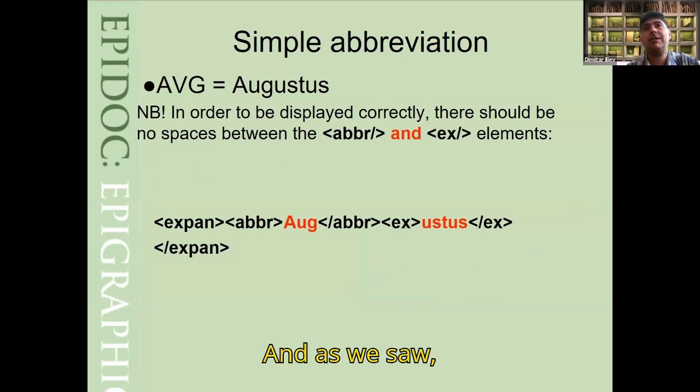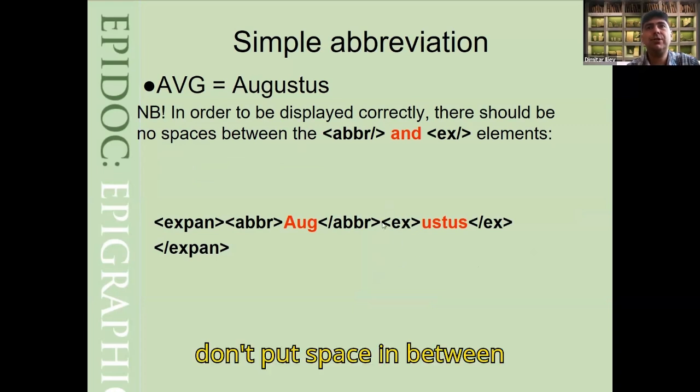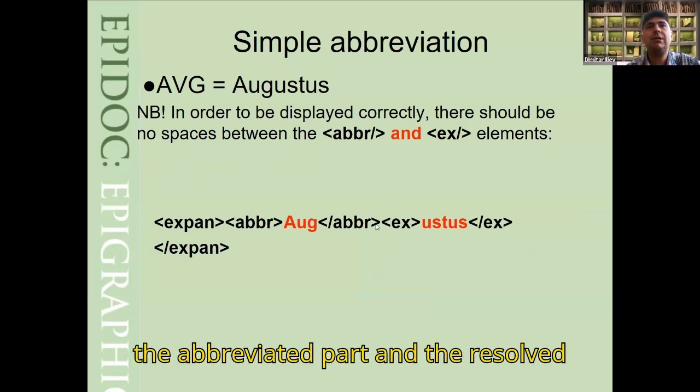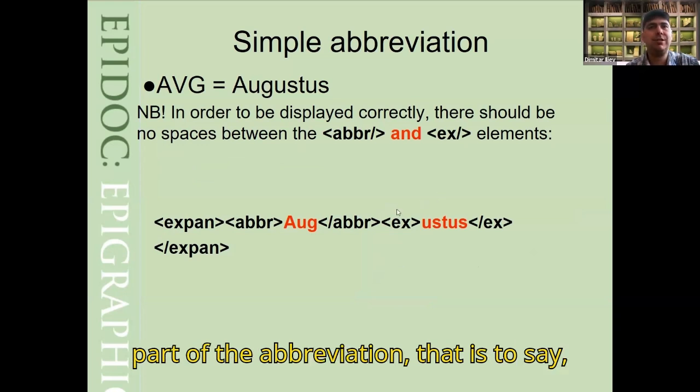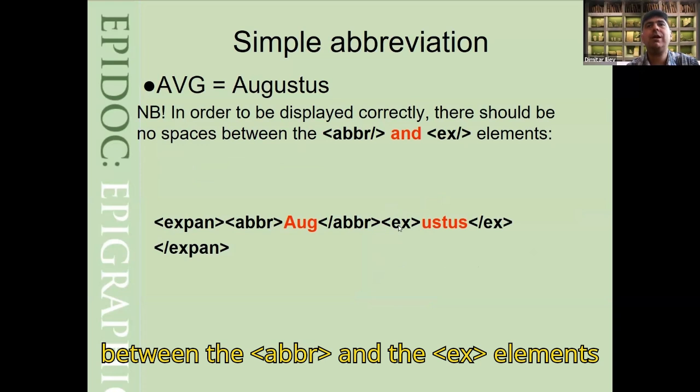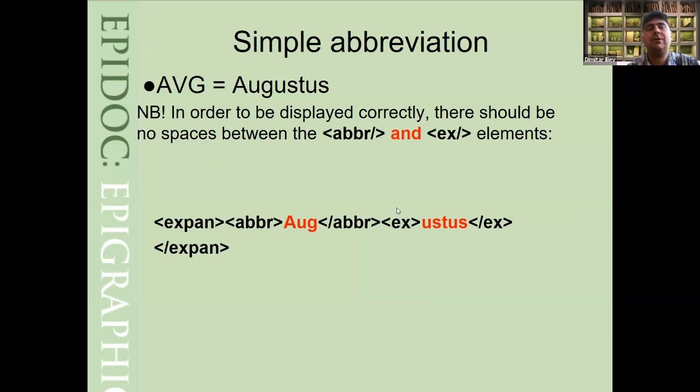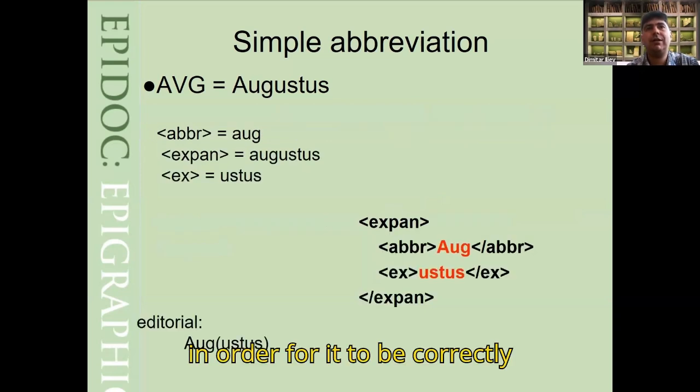And as we saw, the presence of space is significant, so don't put space in between the abbreviated part and the resolved part of the abbreviation. That is to say, between the Abbr and the X elements, in order for it to be correctly presented.